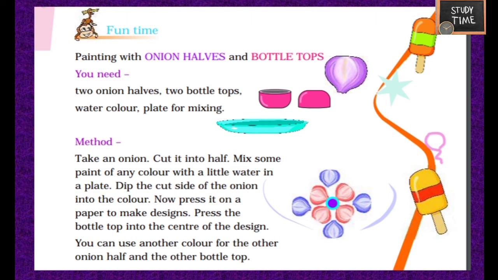So dip the cut side of the onion into the color. Now press it on a paper to make designs. Press the bottle top into the center of the design. So you can use another color for the other half of the onion and the other bottle top. So you can try exploring different designs using these onion halves and bottle tops.